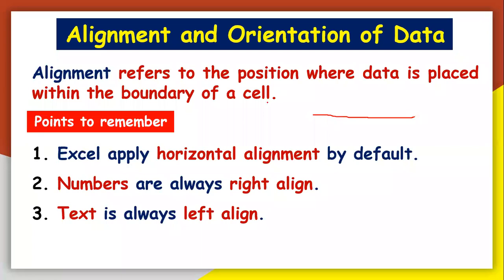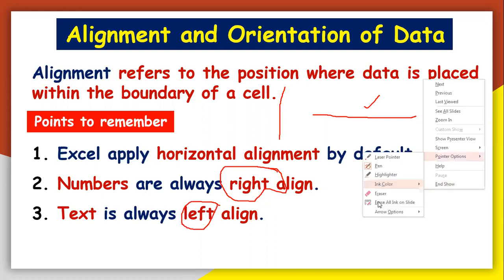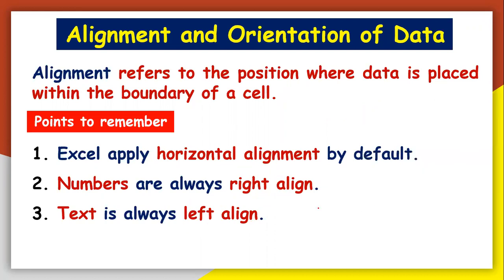This is horizontal, and when we draw a second line, this is vertical here. And second thing, numbers are always right aligned. मेरे बेटा ध्यान से सुनिएगा. This is very, very important. The numbers are right aligned, and when we talk about text, this text is always left aligned. This is very important, and you all are requested to remember this point.